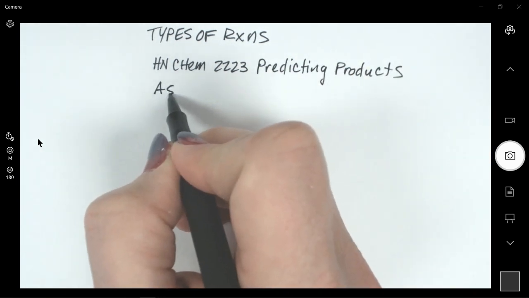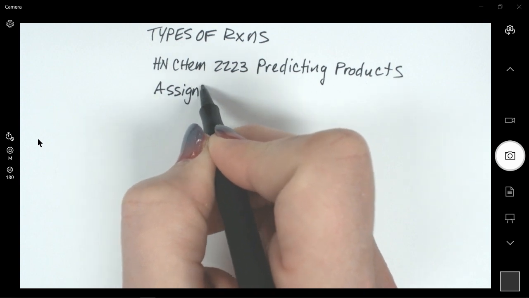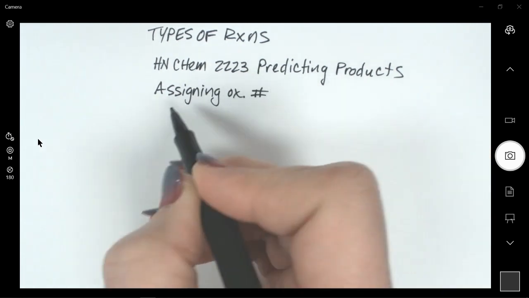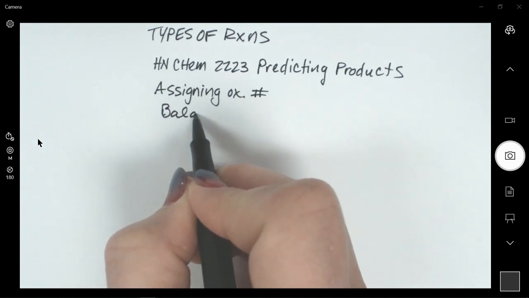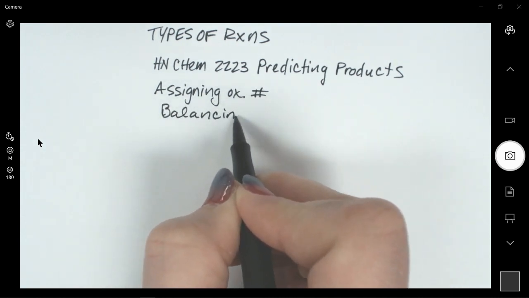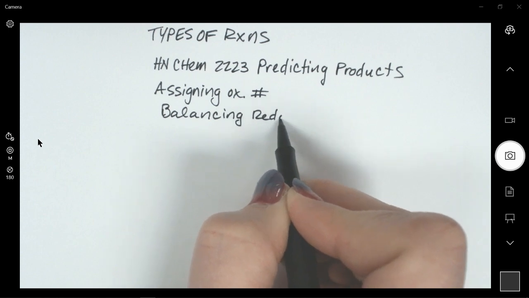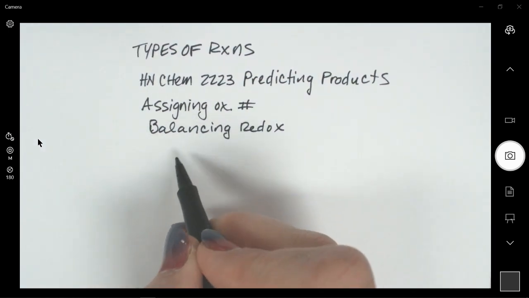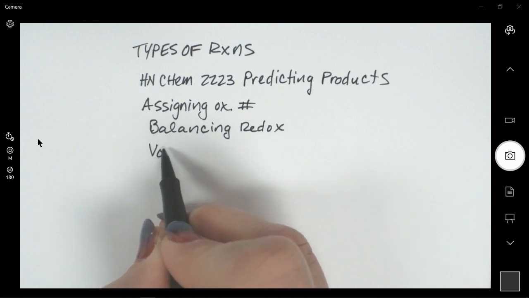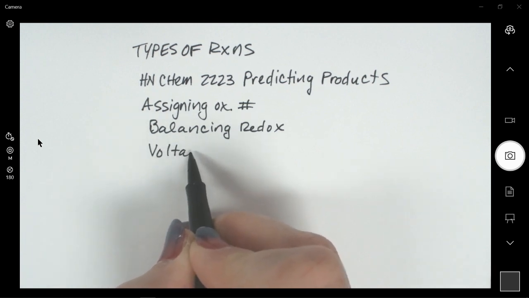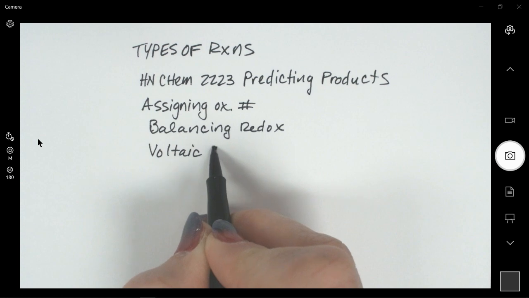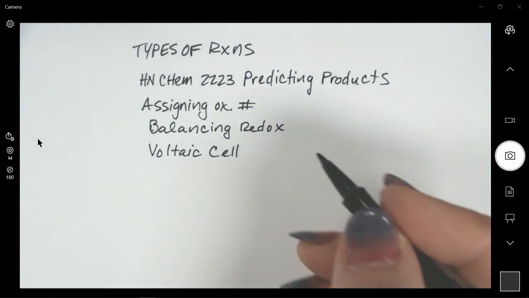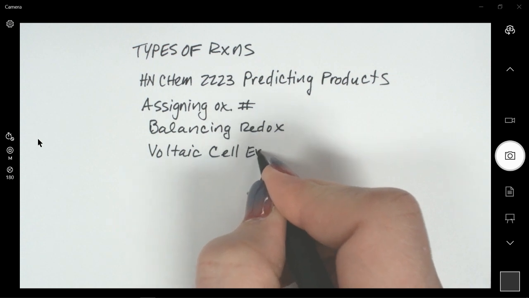You have assigning oxidation numbers. You have balancing redox. You have voltaic cell example.